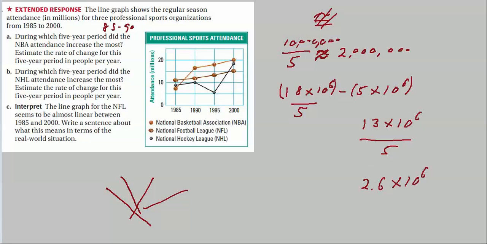Well, let's see. How do we interpret the line graph for the NFL? It's almost linear. What it means is attendance increased steadily. Here you see it was a little bit and then it dropped and it went up. This almost straight line implies a very steady increase.